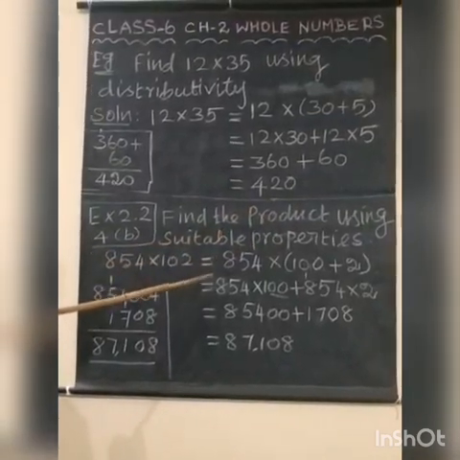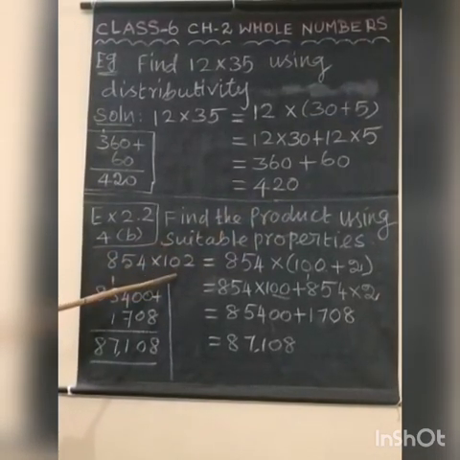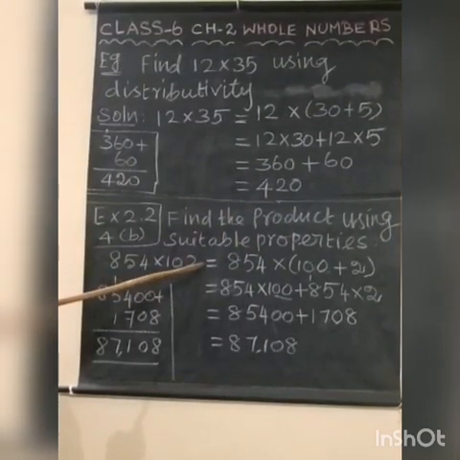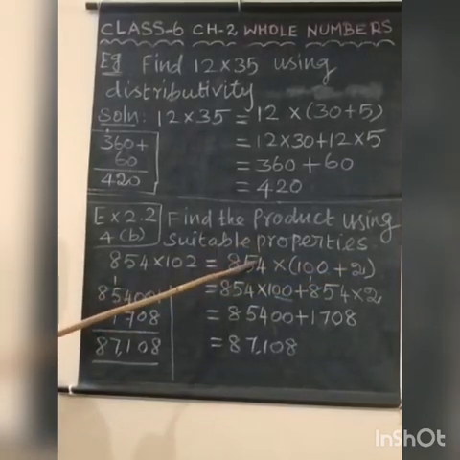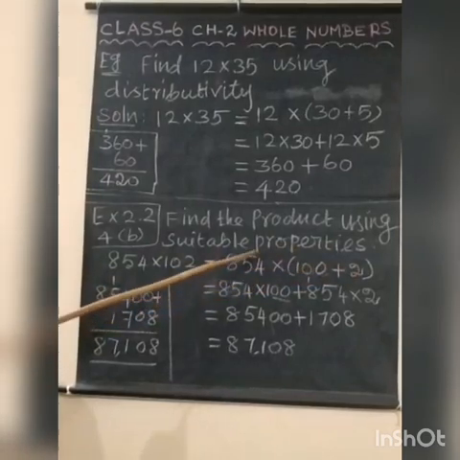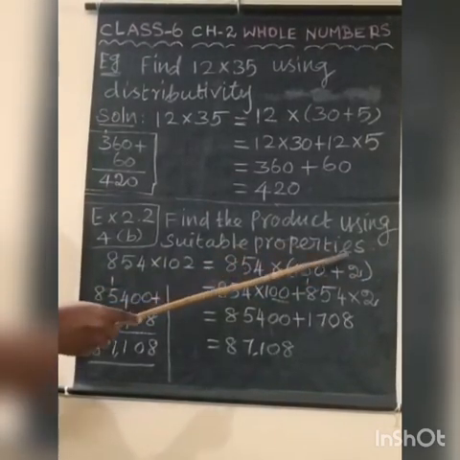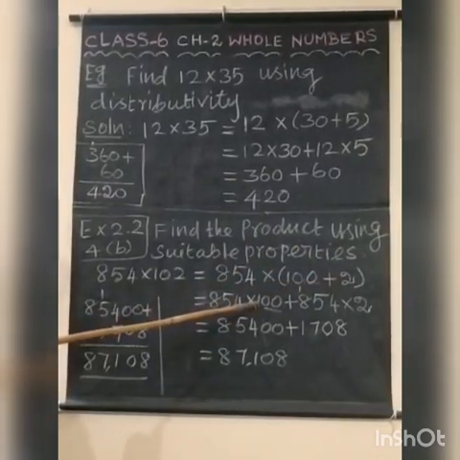Once again, find the product using suitable properties. Here using distributive property. 854 into 102. Expand form of 102 is 100 plus 2. Okay. Then distribute this number using these two numbers. So 854 into 100. Then 854 into 2. Then multiply these two numbers.